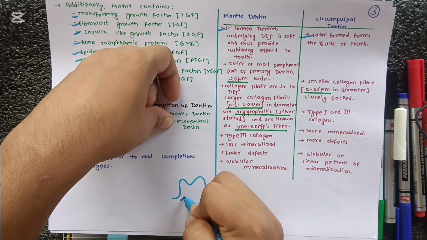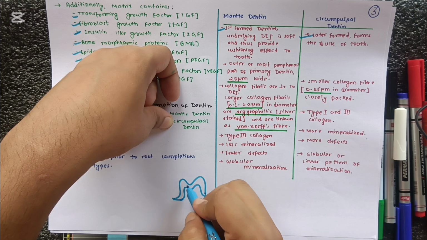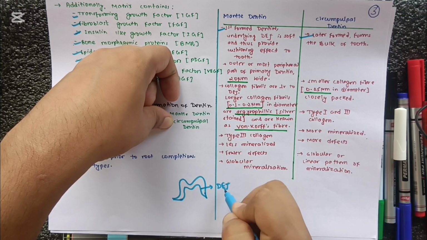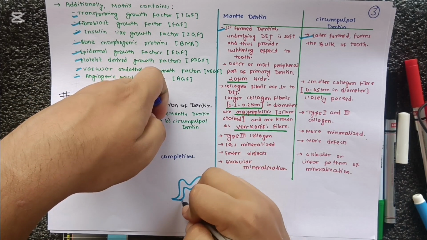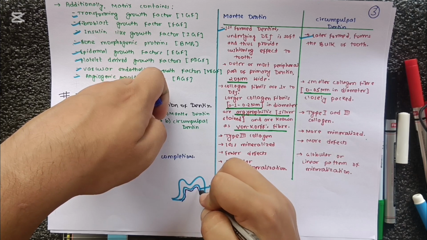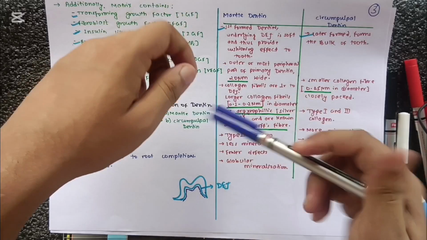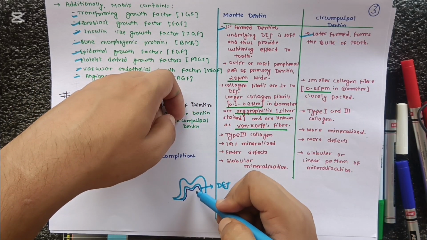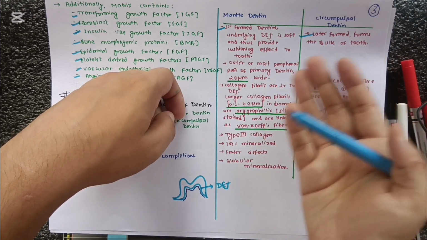If this is a tooth, this is the enamel, and this is the dentino-enamel junction, the DEJ. The dentin that is present just beneath this dentino-enamel junction is called mantle dentin, and it is the first formed dentin. Circumpulpal dentin is beneath that mantle dentin, and it is later formed dentin, and it forms the bulk of the tooth.